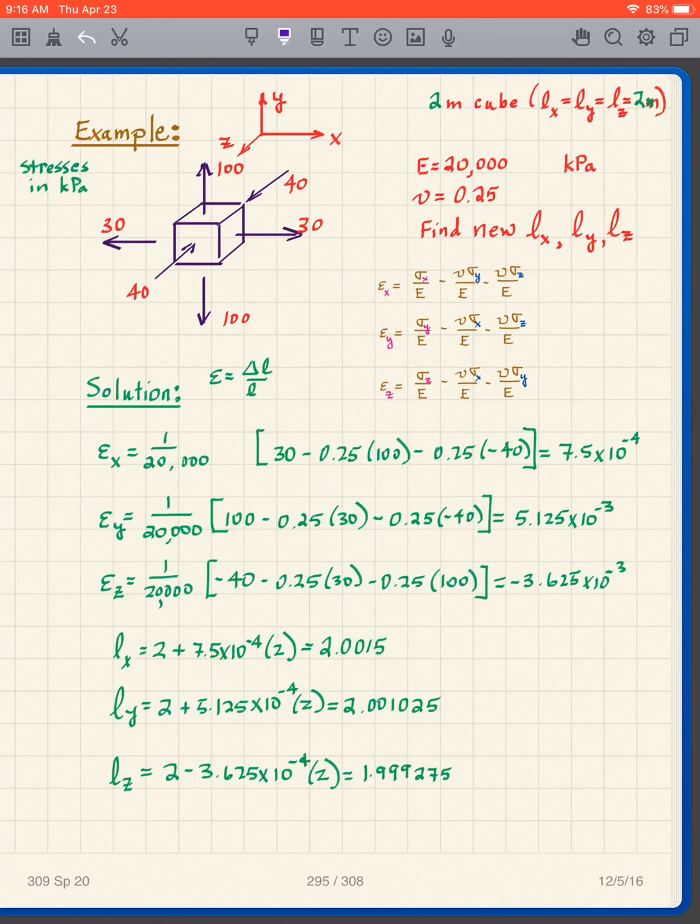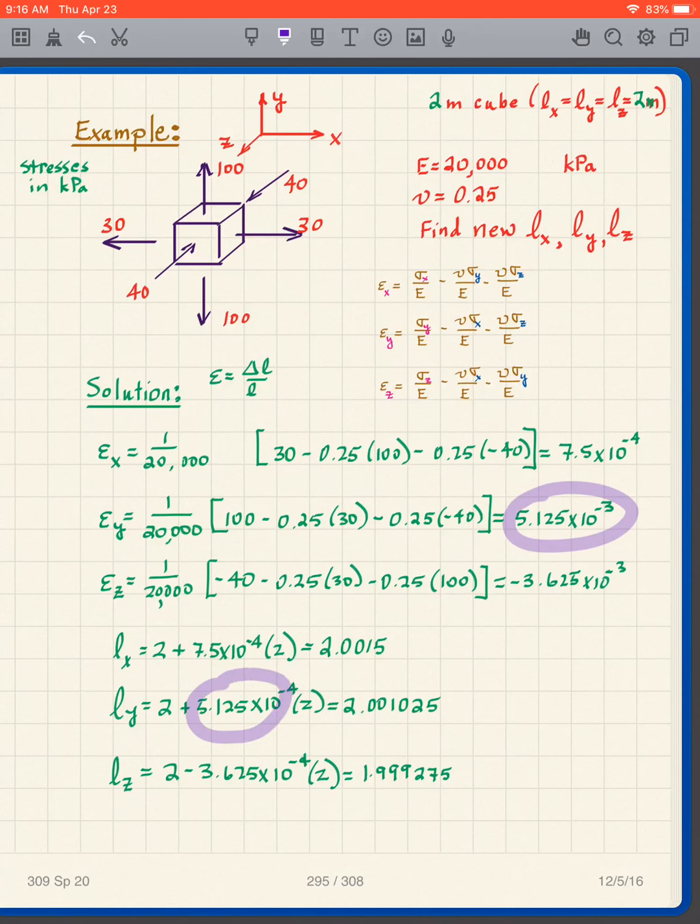And so we know that our change in length is going to be the strain times the original length. So there's my strain. My original length is 2. Since that is positive, we're going to be adding it. For this one, we take the strain times the original length.